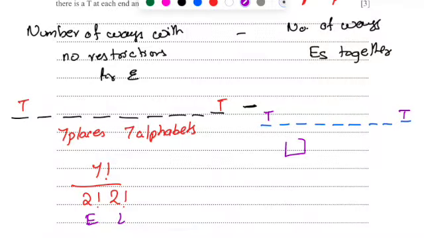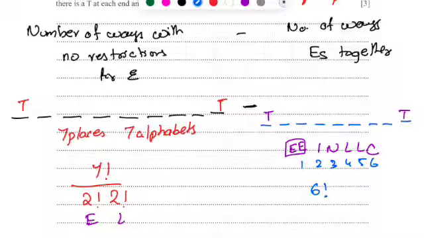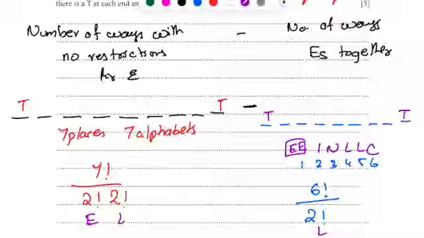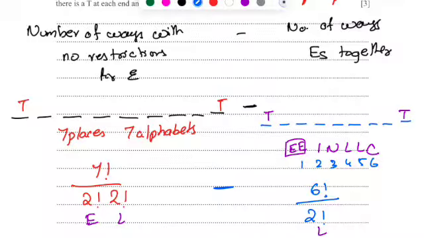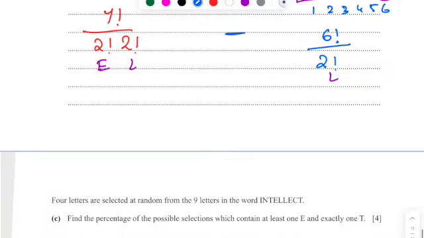But those two E's are over. Then I'm left over with nothing but INLLC. So how many units are these? 1, 2, 3, 4, 5, 6. 6 units can be done in 6 factorial divided by 2 factorial. This 2 factorial is for L. So minus 7 factorial by this one. So this is 1260 minus 360. So the answer is going to be 900.